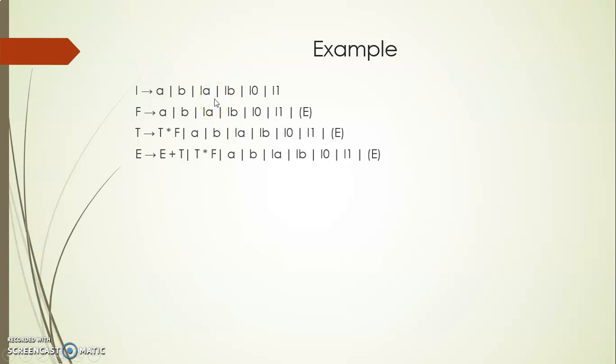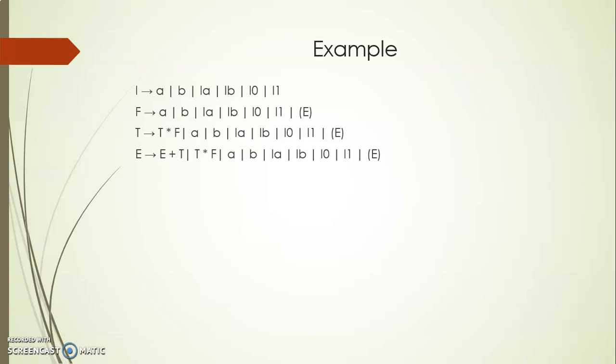Why we are converting combinations of terminals and non-terminals to only non-terminals is that, in Chomsky normal form, the right hand side of the production, that is the body of the production, must contain either a terminal symbol or two non-terminal symbols. If it is a terminal symbol, no problem. But if it is a combination of a terminal and non-terminal, it should be converted.